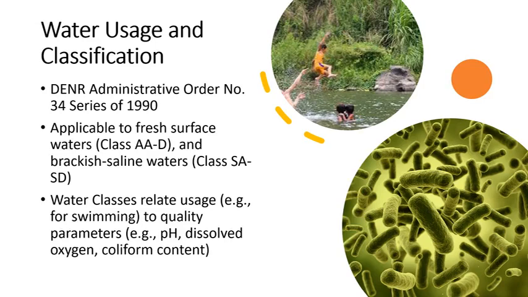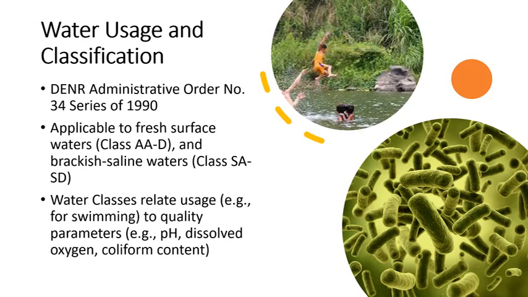Anyway, going back, this classification is applicable to fresh surface waters and also coastal to marine waters. Water classes relate to usage. So water classes dictate what water can be drunk, what water can be used for swimming, and what water can be used for industrial purposes.